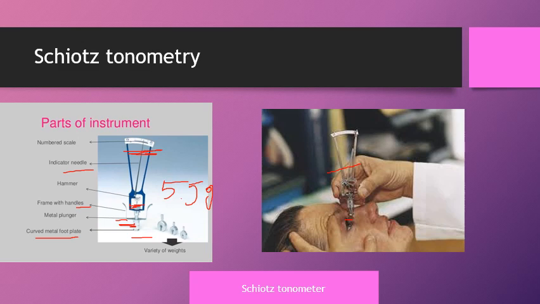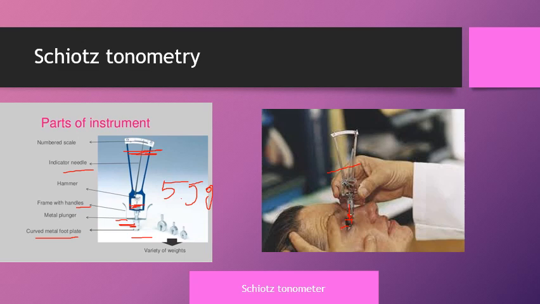We put anesthetic drops, 0.5% proparacaine drops, in the patient's eyes. Then we slowly put the Schiotz tonometer on the cornea. This curved metal foot plate is placed on the cornea. Before placing it, we retract the eyelids.